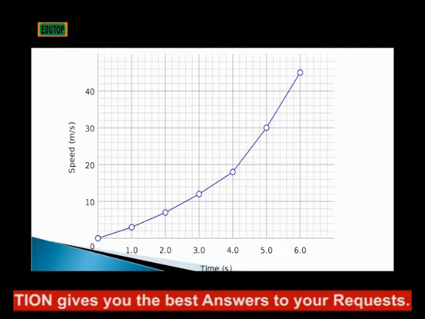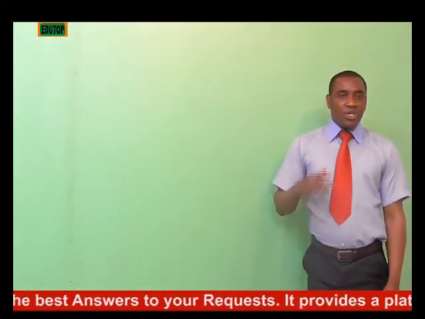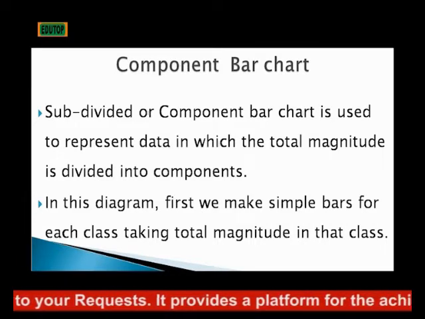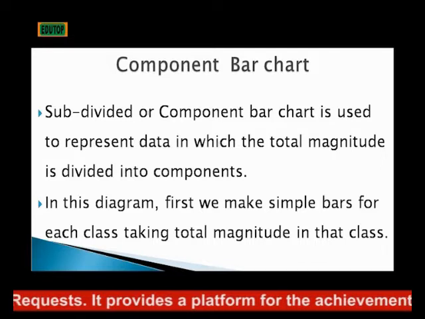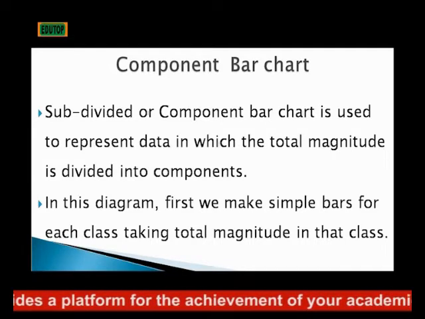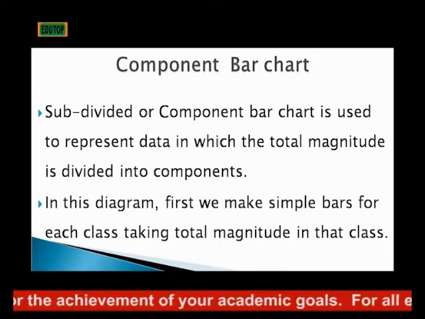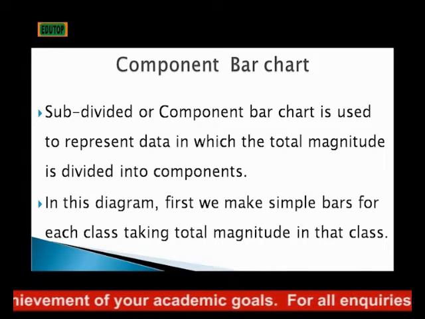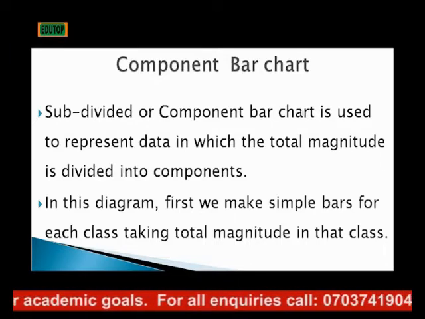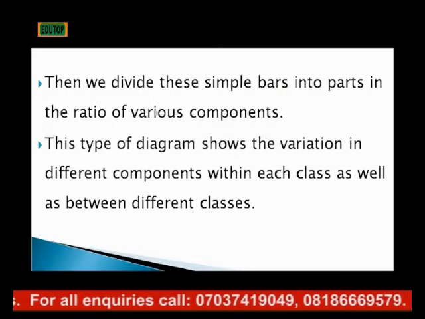Now, the next one that we have here is the component bar chart. A component bar chart can also be called a subdivided bar chart and is used to represent data in which the total magnitude is divided into different components. In the diagram, we first make simple bar charts for each class, taking the total magnitude in that class, and later we divide these bars one by one.